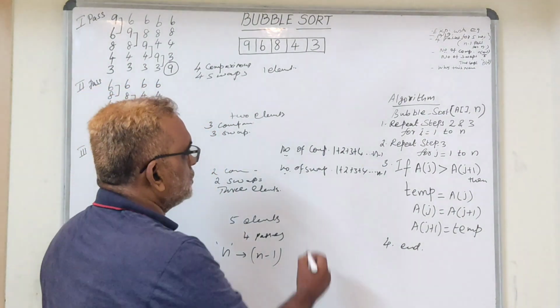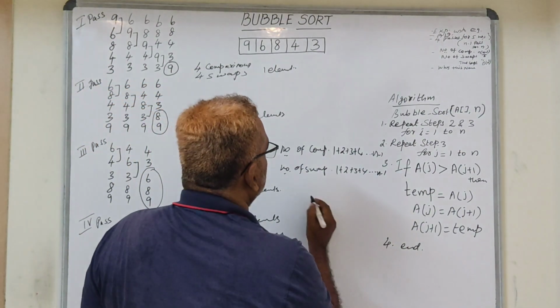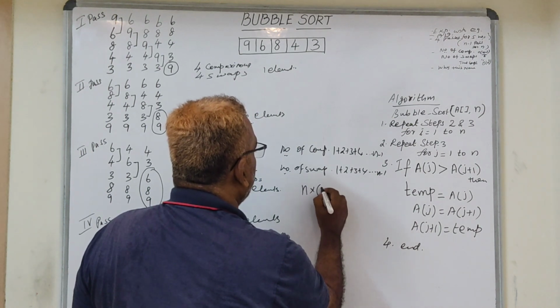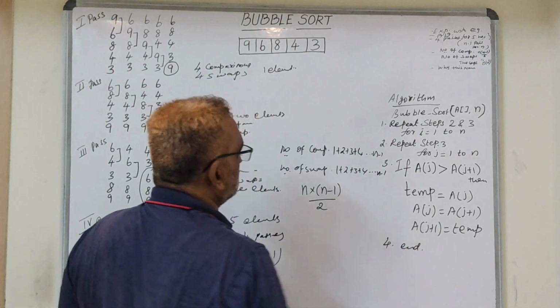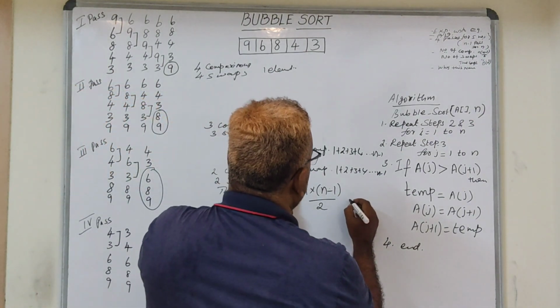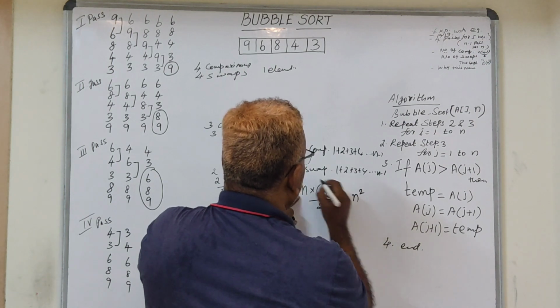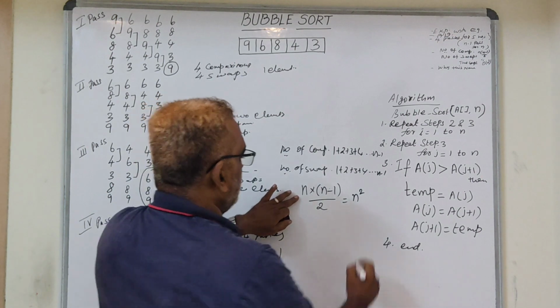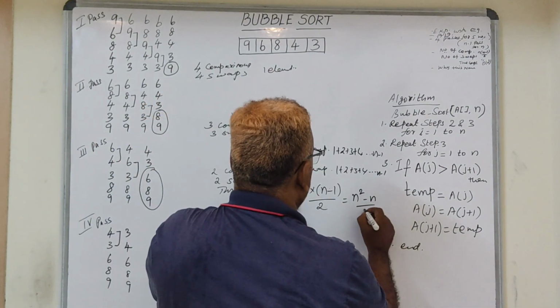So it is n into n minus 1 divided by 2. This is the sum of the natural numbers, which is n square minus n by 2.